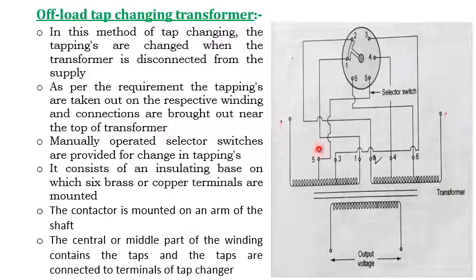Now let us consider this is a transformer. See the transformer primary winding here, and the transformer secondary winding. A number of tappings are provided here. The tappings are named 1, 2, 3, 4, 5 and 6. And these tappings are brought out near the top of the transformer.